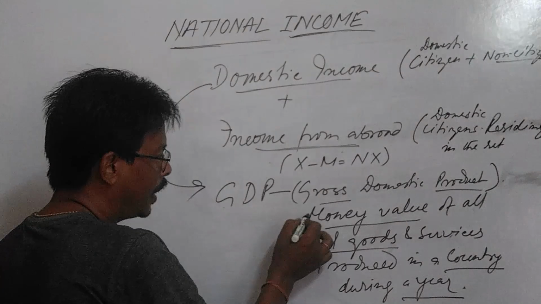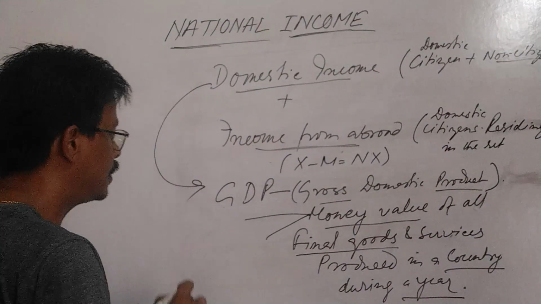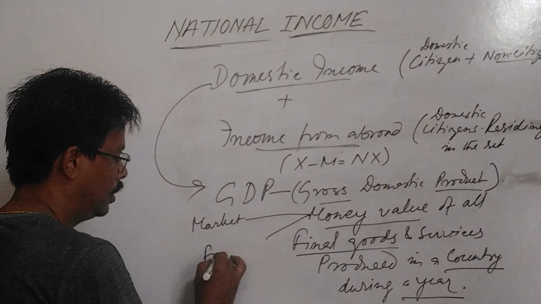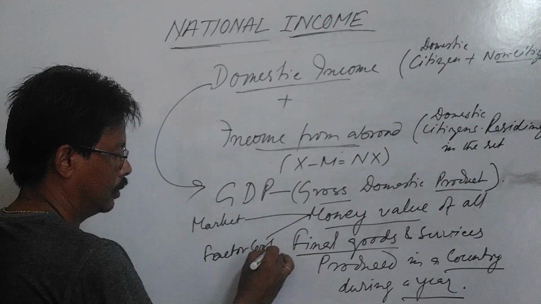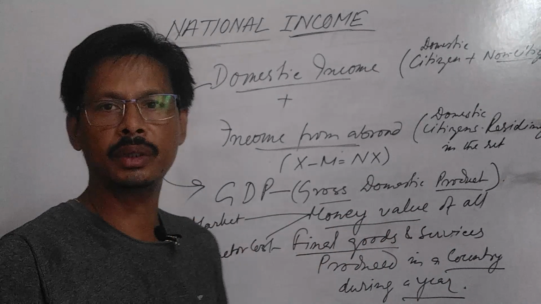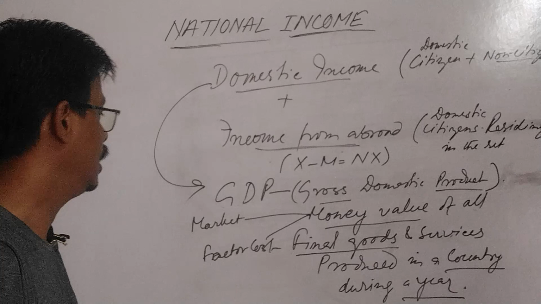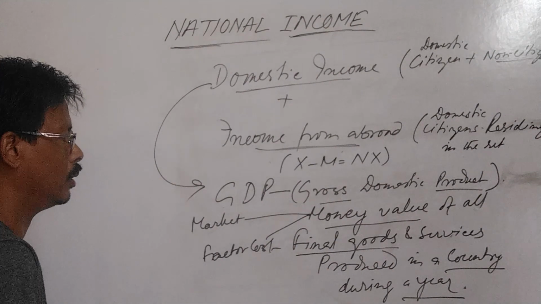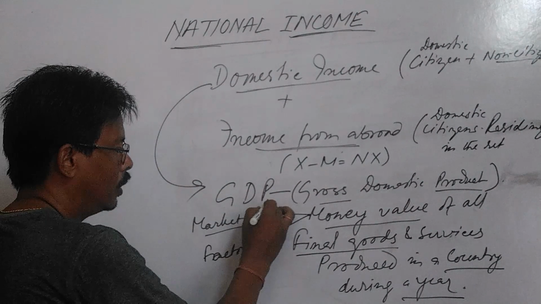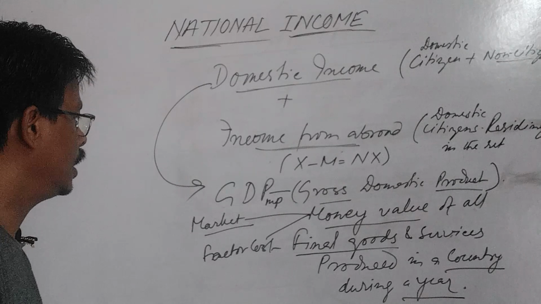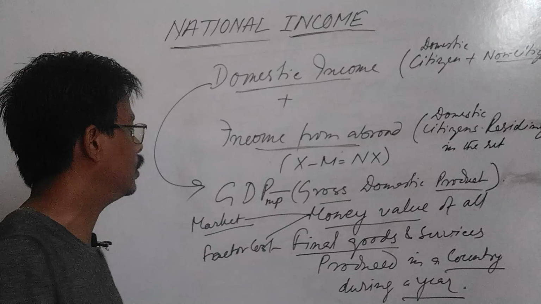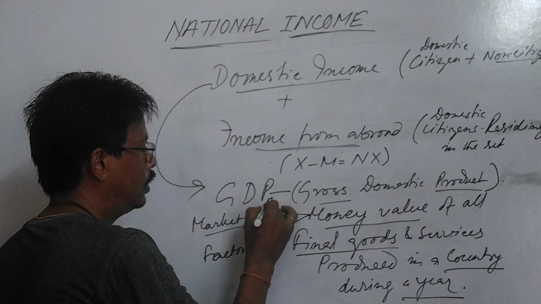Now that money value may exist in two types. It may be market value, or it may be factor price value or factor cost value. Means it may indicate the cost of production, or the price at which goods are sold in the market. So that money value may exist in two forms. Depending on that, if we are calculating the money value in market price, then we will write gross domestic product at market price. If we calculate the GDP in terms of factor cost value, then we will write here factor cost.